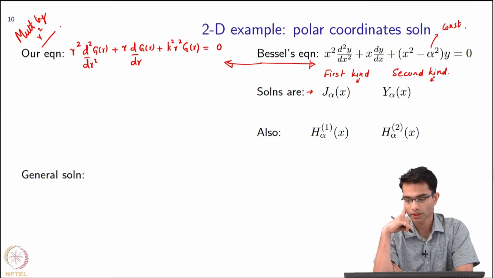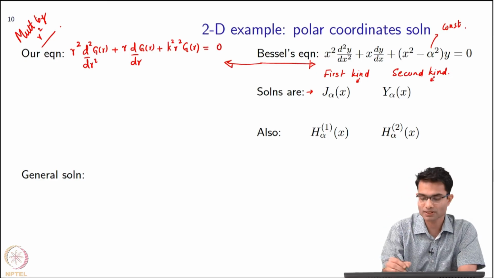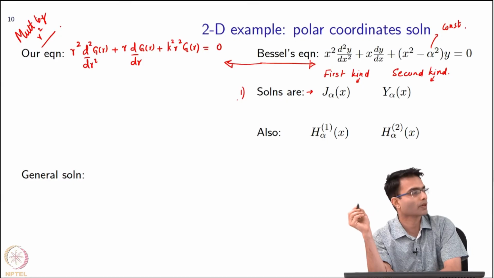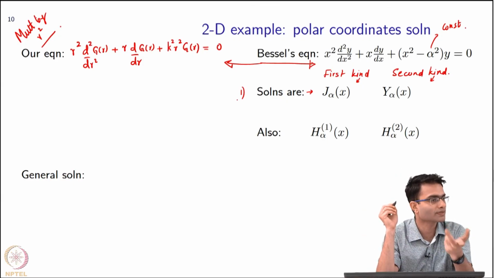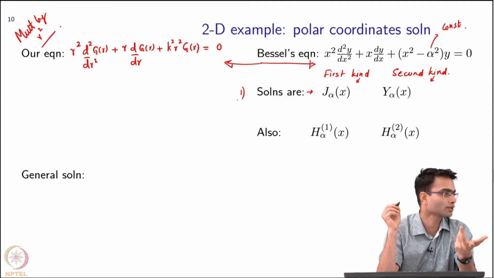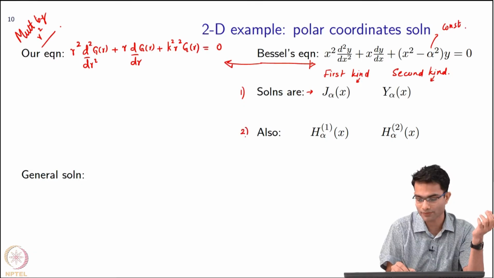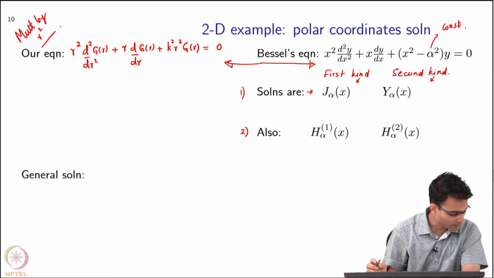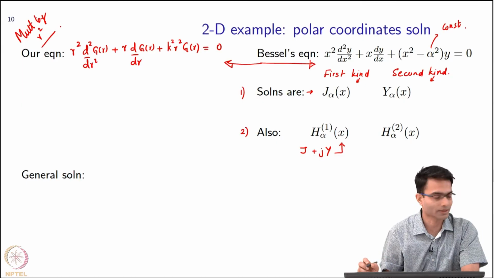we just have to carefully adopt his solution. The Bessel's functions are written in two popular ways. First is this way, which is J and Y. The second is linear combinations of J and Y. They will also be solutions, right? So, for example, if I take J plus j times Y, I get this, that is the definition.